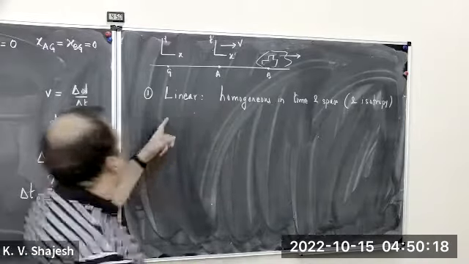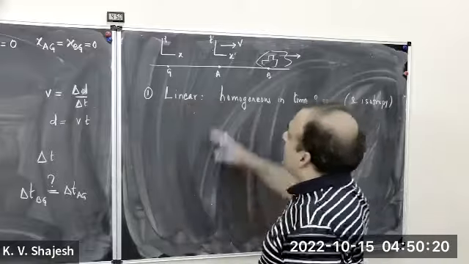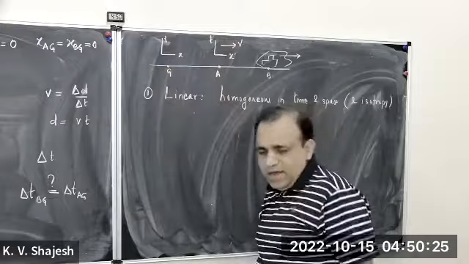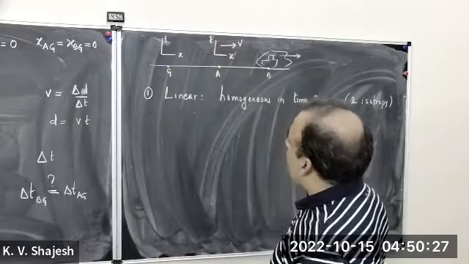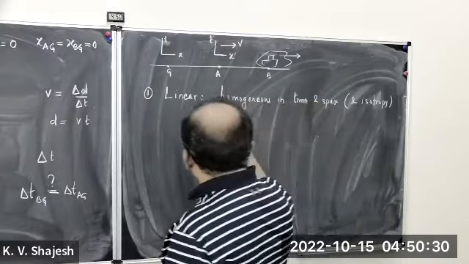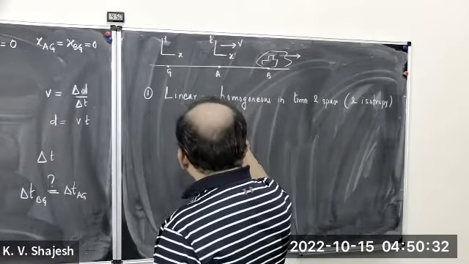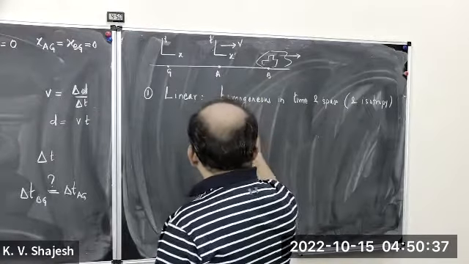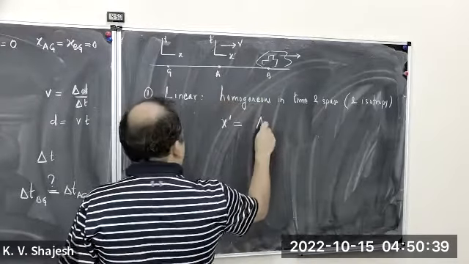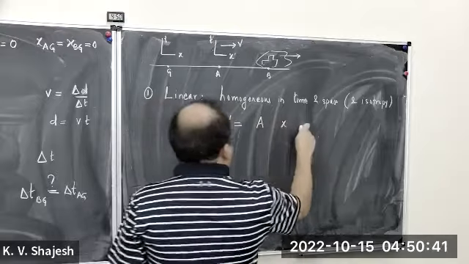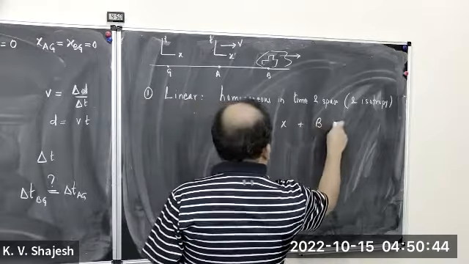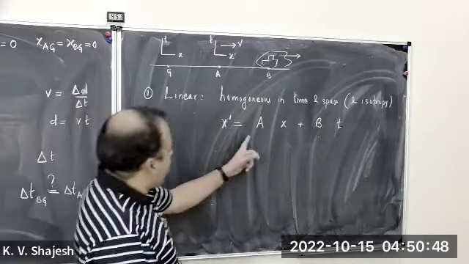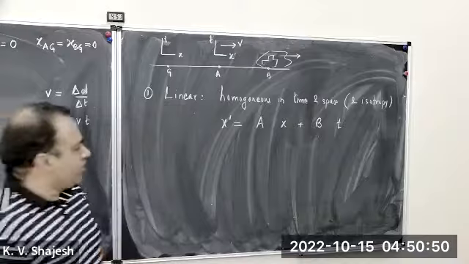Overall, all this is accommodated by saying that the relation between the measurements made in A and the measurements made in G are all linear. That means x prime, whatever you measure in this frame versus this, is related by A times x plus B times t. That's it. So two variables, and we want to find out A and B. At this point, I don't know, so it is not very useful.